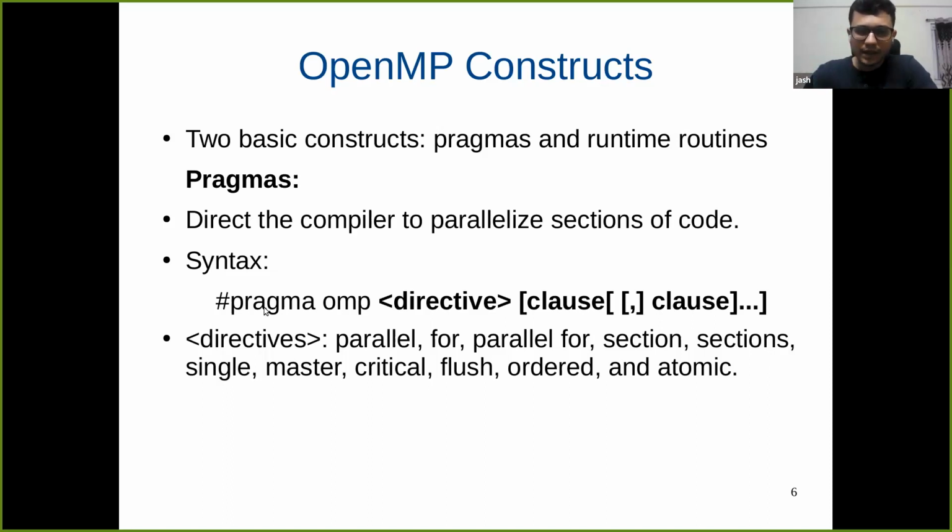If you write #pragma omp parallel for, we'll come to this thing again, it will just parallelize the loop and so on. But it doesn't ensure any synchronization or anything. We'll see where synchronization comes into the picture here, but by default it doesn't do anything.